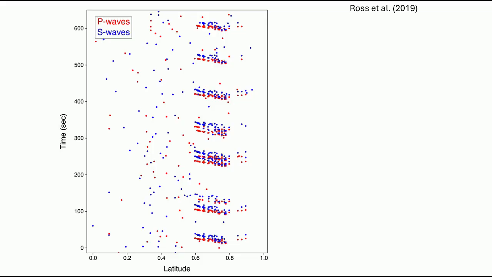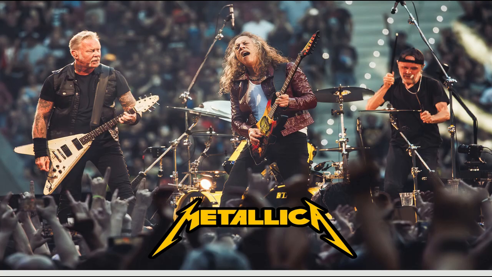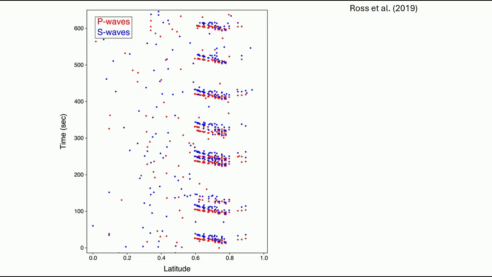The random isolated dots scattered throughout the plot are mostly false picks or unrelated noise, or perhaps Metallica jamming somewhere nearby. Notice that the red and blue dots tend to form linear trends. Because seismic waves propagate outward from the earthquake source at approximately constant velocities over a limited station network, arrival time plotted against station latitude or longitude appear approximately linear.